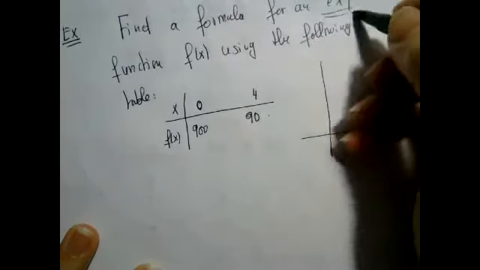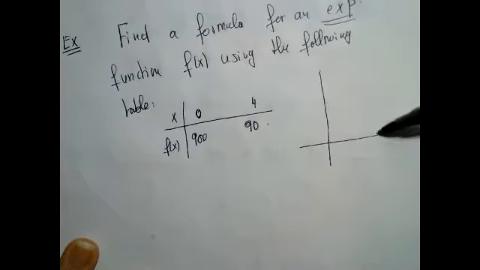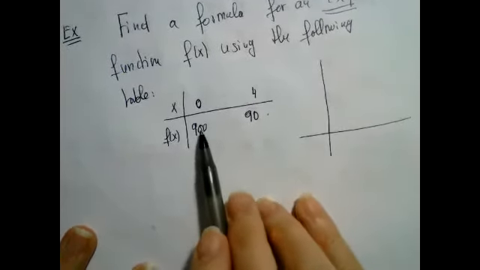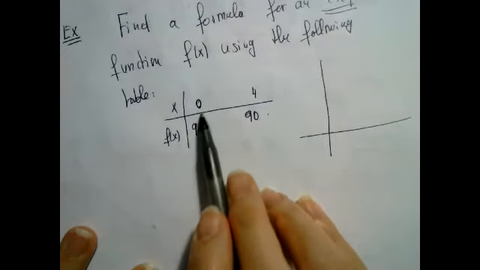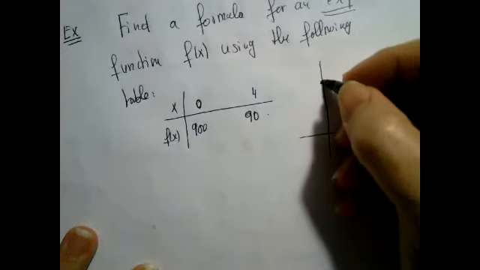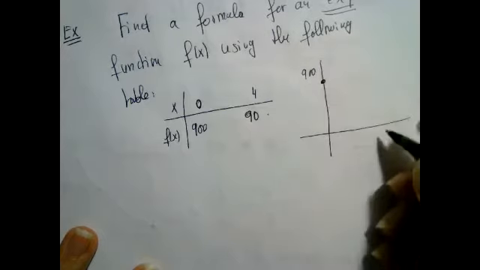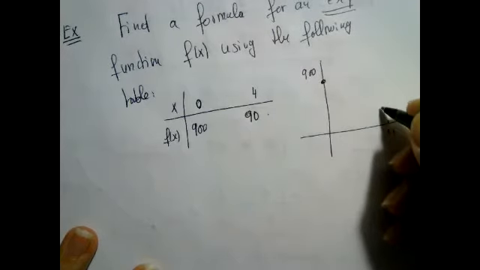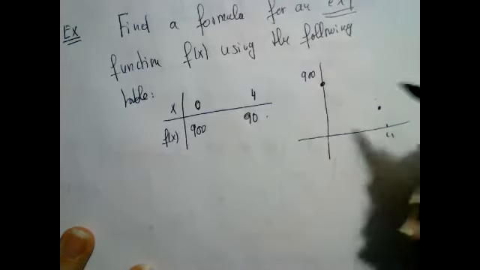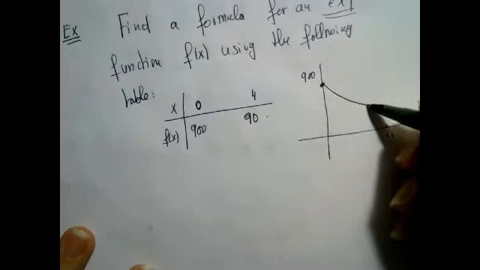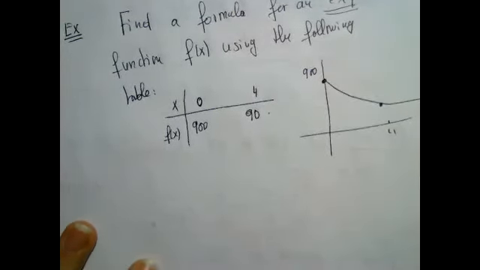It's exponential, and is it increasing or decreasing? Watch the graph. At 0, I am at 900. At 4, I am at 90. So we're really going down a lot. So this is going to be a decay, an exponential function that decreases.